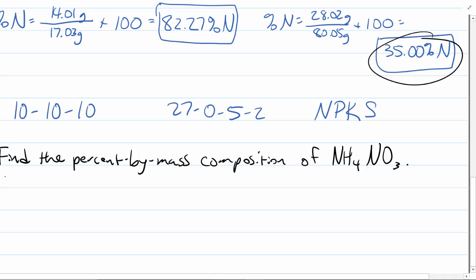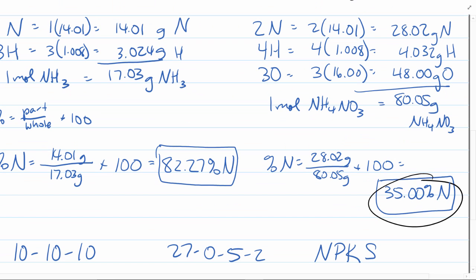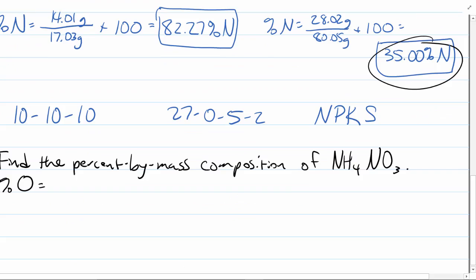If we wanted to find the percent of oxygen on this one, we could come back to here and see that we have the 48.00 grams of oxygen. We divide it by the whole amount, which is the 80.05 grams of the ammonium nitrate.